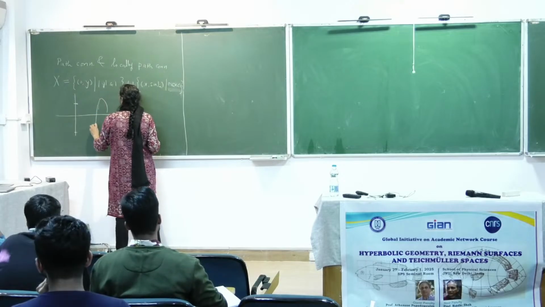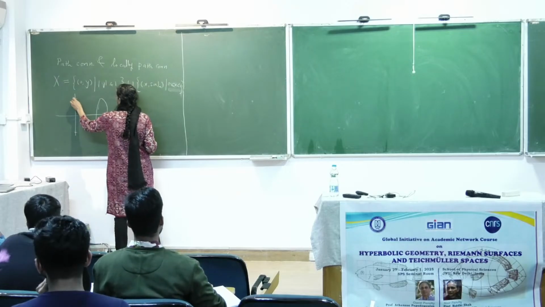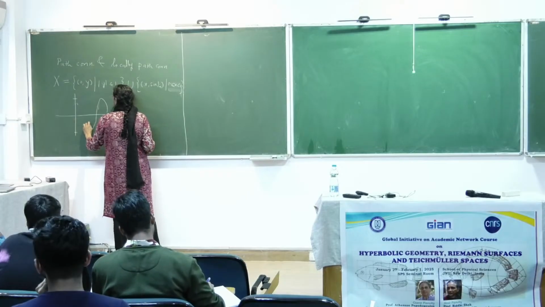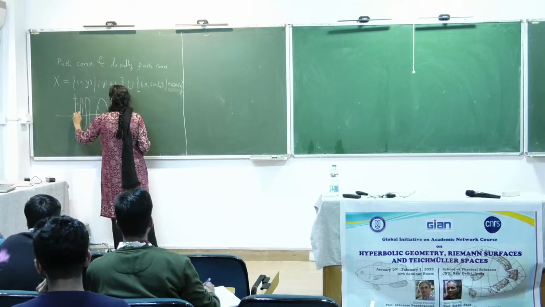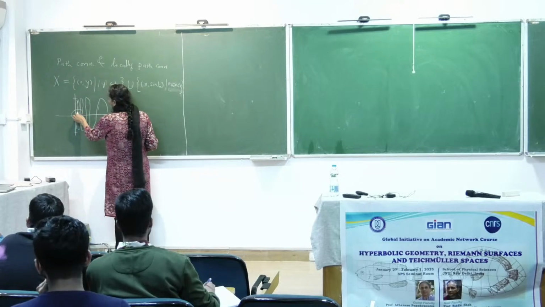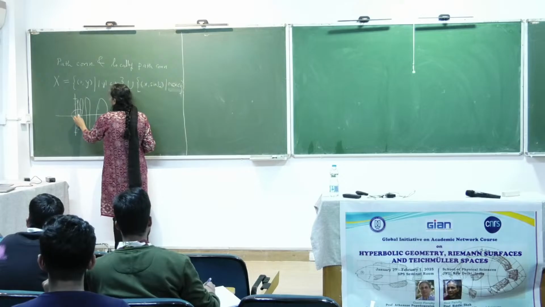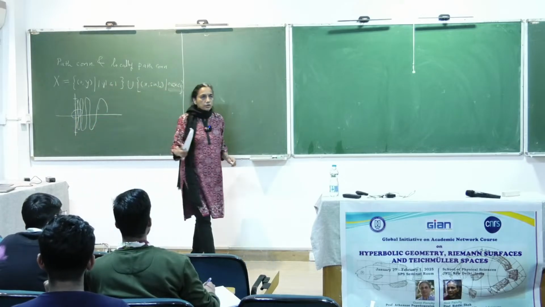The value of sine varies between plus and minus 1, but these wriggles keep going closer and closer, and if I take some neighborhood of a point, there will be infinitely many path components which are disjoint.